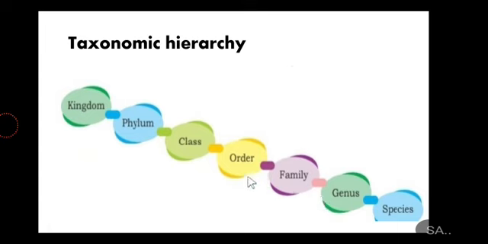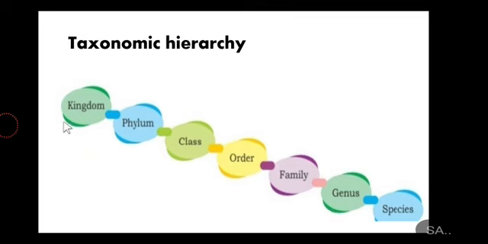Families are grouped into an order. Similar orders make a class, and classes make a phylum or division. Phyla or divisions are grouped into kingdom.